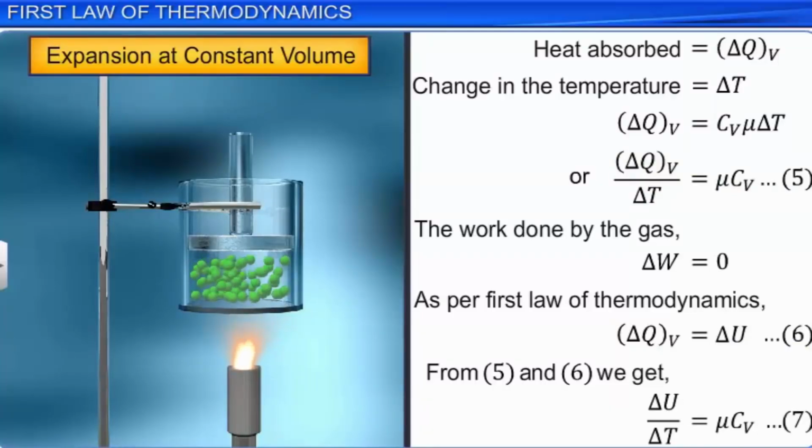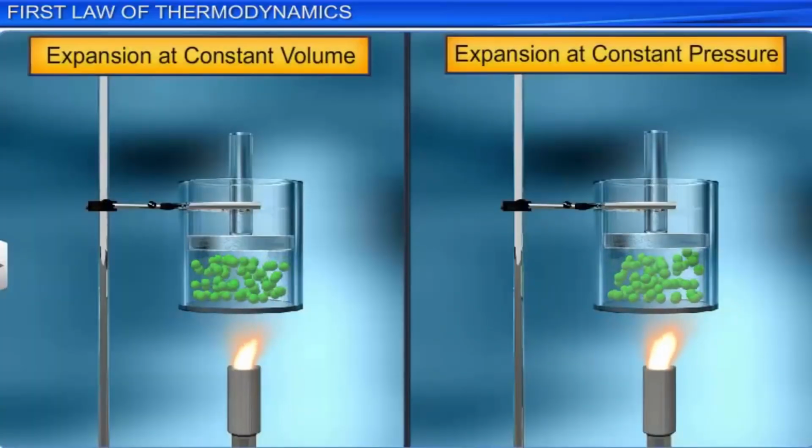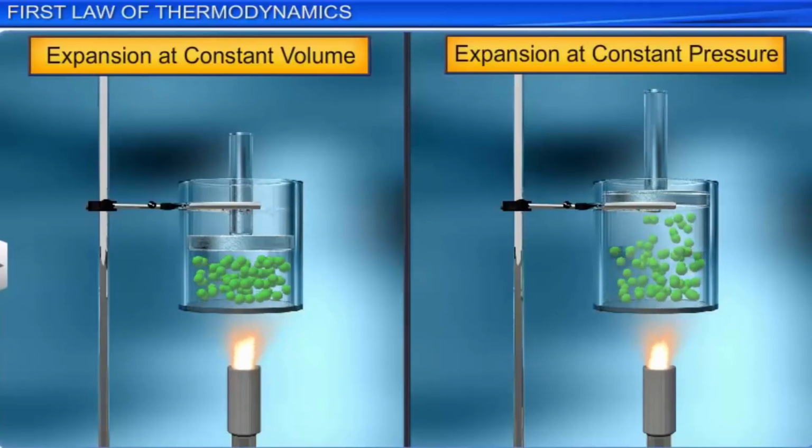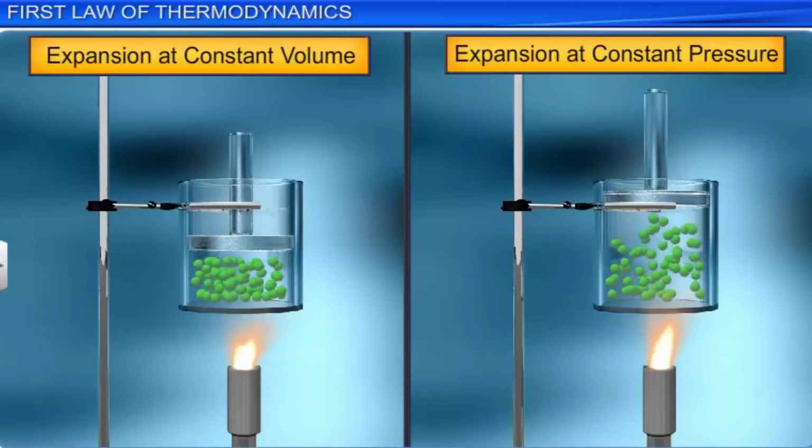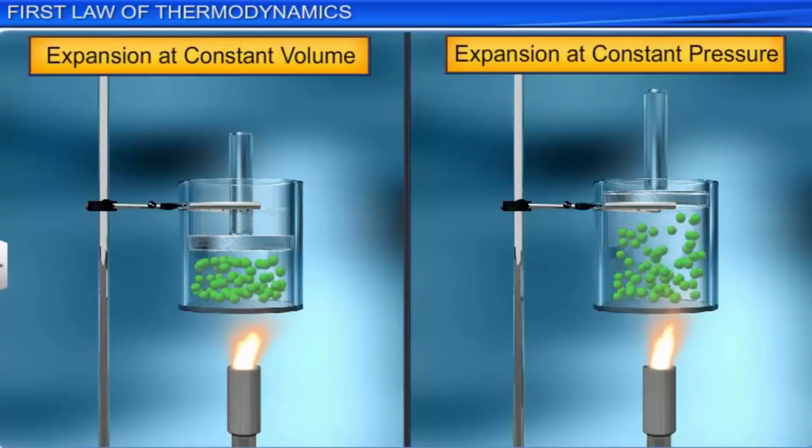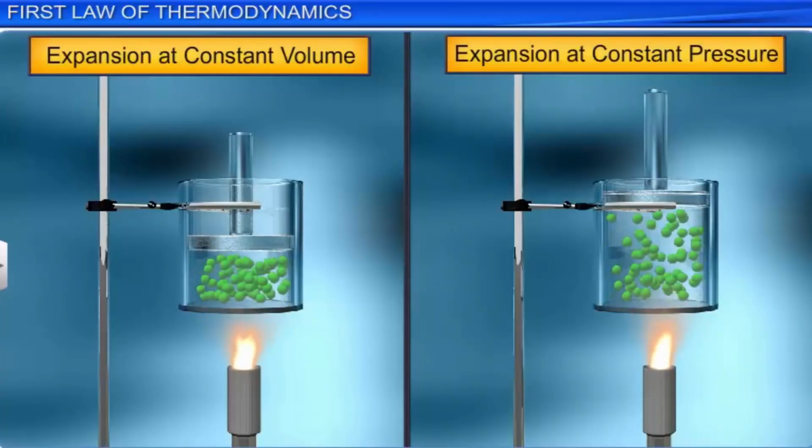Note that in both processes, we have taken the change in the internal energy of the gas as delta U. This is because in both cases, the change in the temperature of the gas is delta T, and the change in the internal energy depends only on the change in the temperature of the gas.